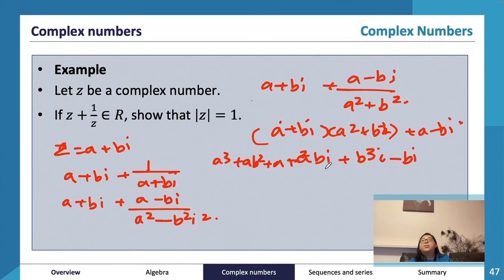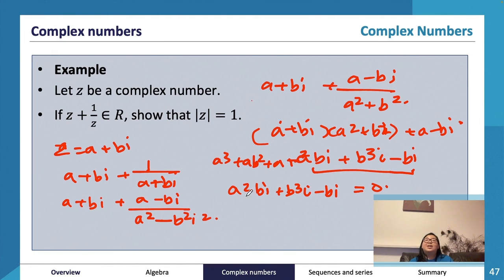But this is the part we're interested in, right? Because if this needs to belong to the reals, that means a squared bi plus b cubed i minus bi must equal 0. So we can factorize that in terms of b and i.